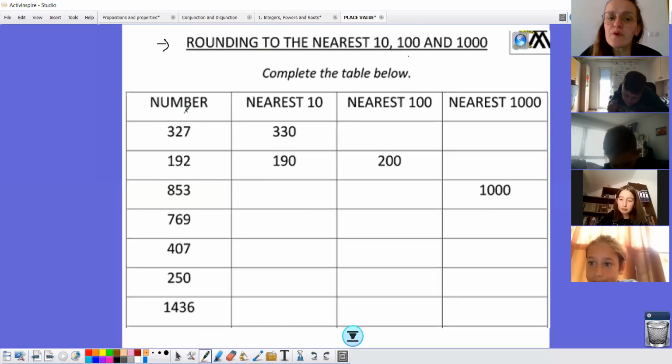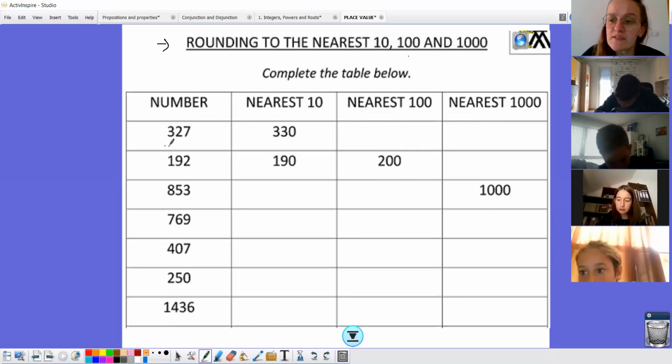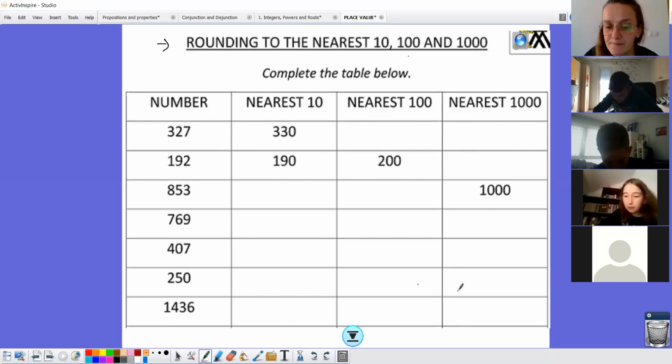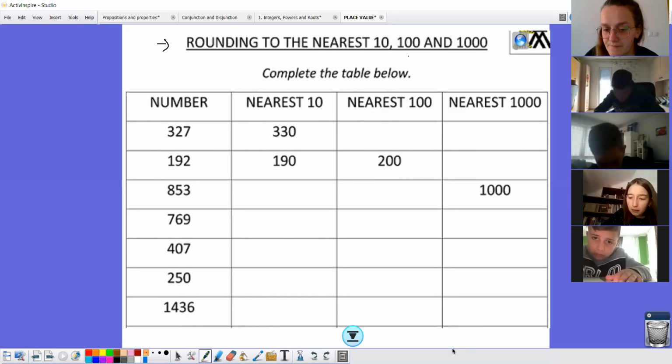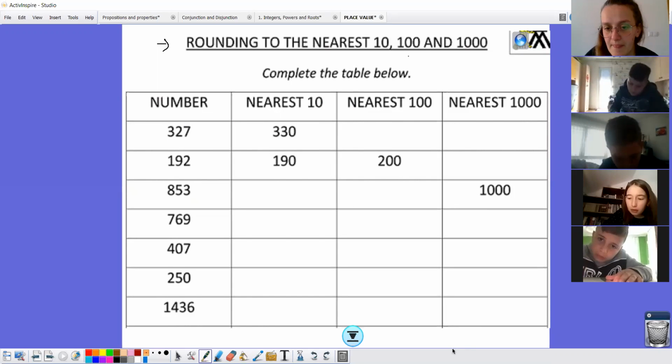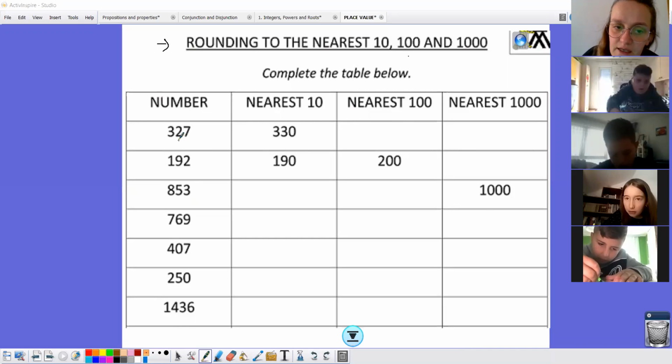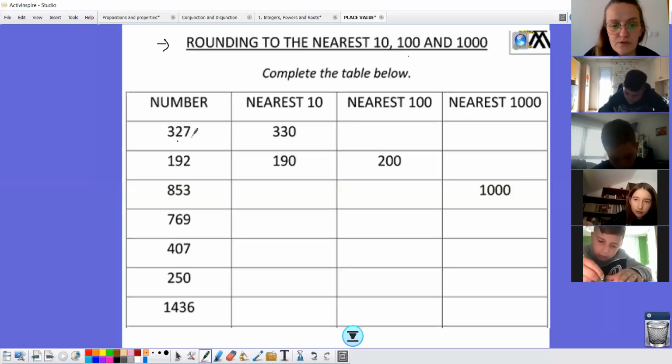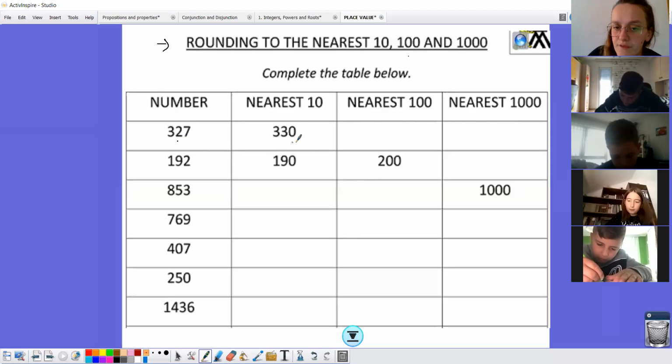So first one, we have the number 327. When we are rounding to the nearest 10, I am checking the tens digit, which is 2 here, so 20. Then the number after it, 7, is greater than 5, so I'm rounding up to 330.